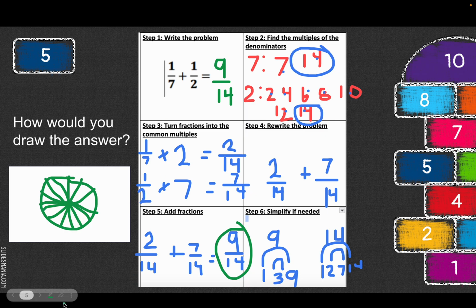And then you would color in 9 of those. 1, 2, 3, 4, 5, 6, 7, 8, 9 would be colored in. That's exactly what it would look like.